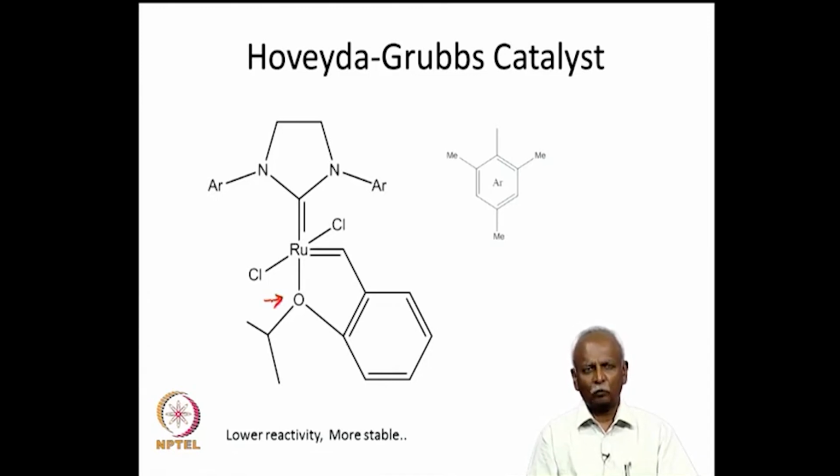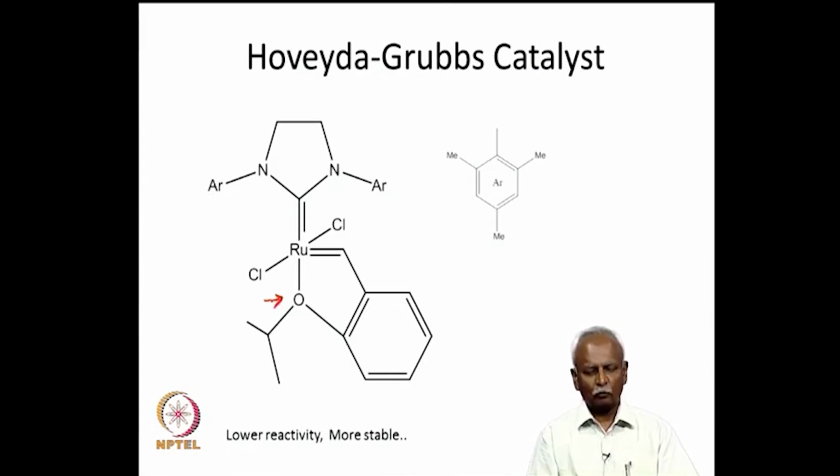So, the vacant coordination site at the ruthenium was very readily generated by loss of this Ru-O bond. This Ru-O bond was lost initially, and that led to a reactive form of the catalyst.